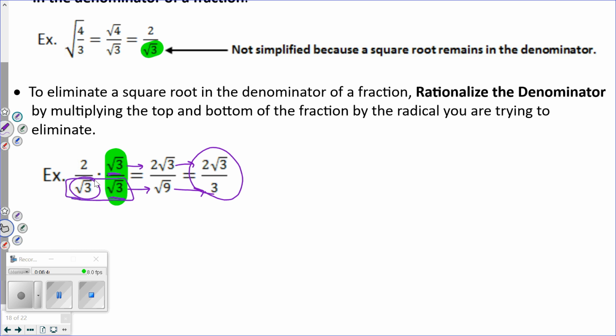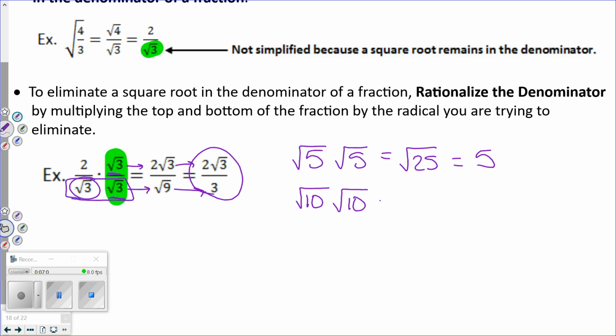But one thing drives me crazy. If I have radical 5 times radical 5, what does that equal? Radical 25, which is 5. If I have radical 10 times radical 10, what's that? If I have radical 3 times radical 3, that gives me 3.